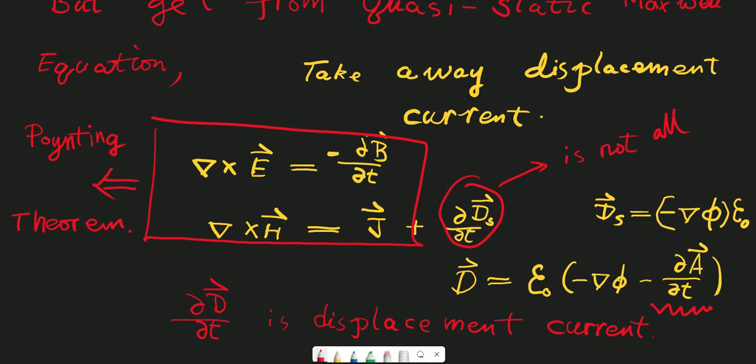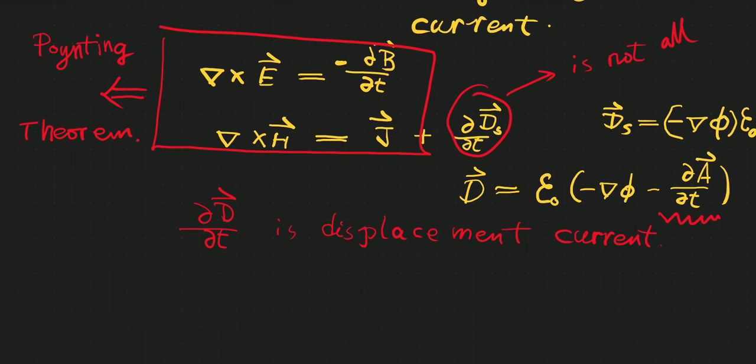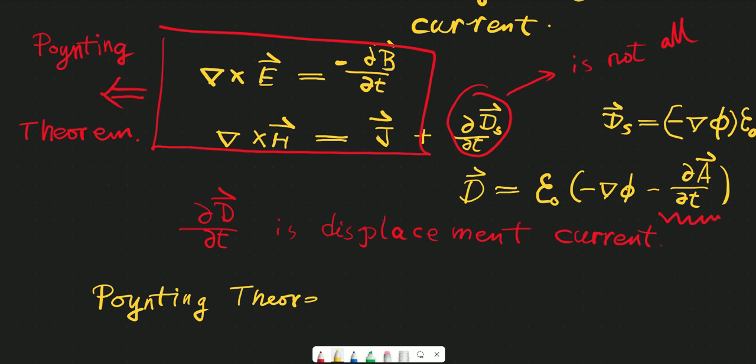And from Poynting series we can derive mutual energy theory.